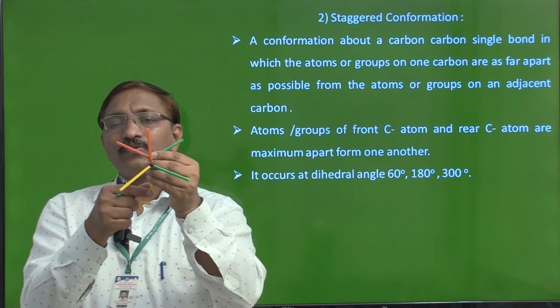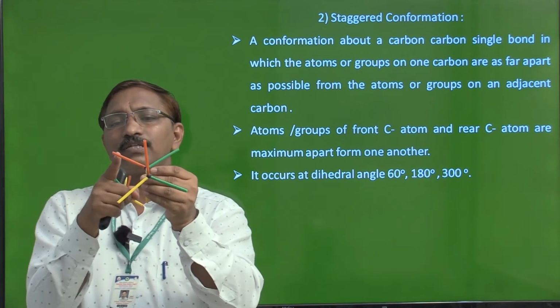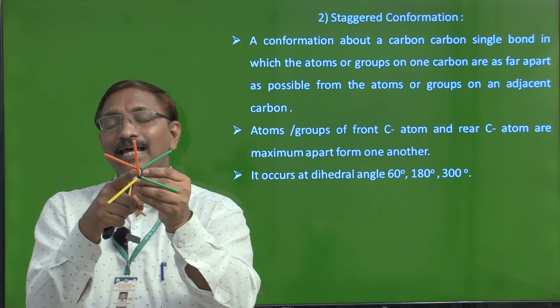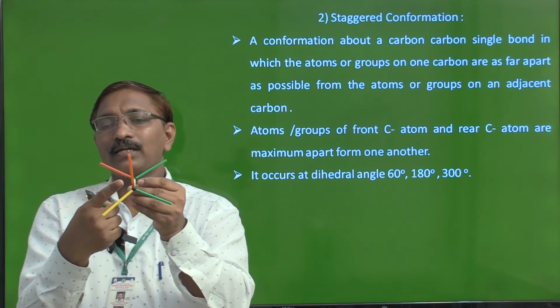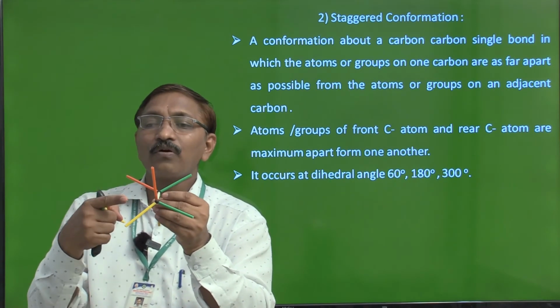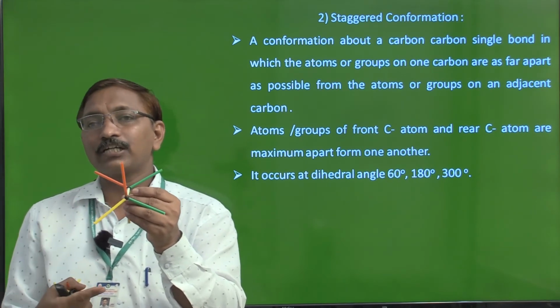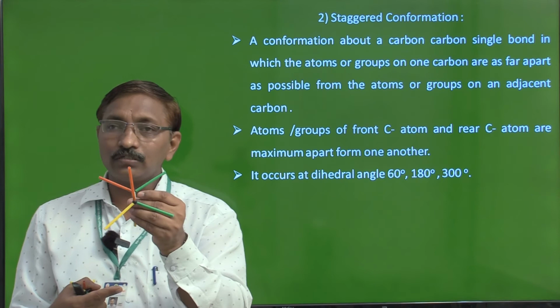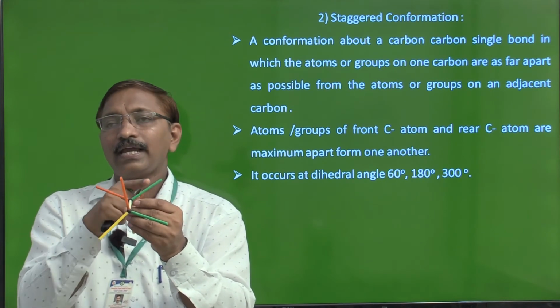From your point of view, this red hydrogen of the rear carbon atom and this red hydrogen of the front carbon atom have a dihedral angle of 60 degrees. So the atoms or groups of the front and rear carbon atoms are maximally apart in a staggered conformation, and it occurs at dihedral angles of 60 degrees, 180 degrees and 300 degrees.